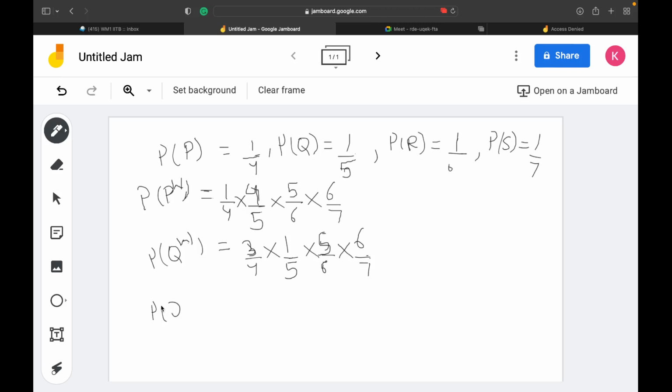Similarly, we will find the probability that R will win the race and S will win the race. So this will again be 3/4 multiplied by 4/5, and then this will be 3/4.